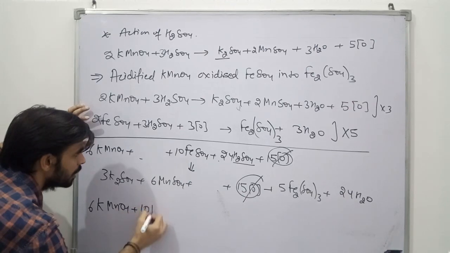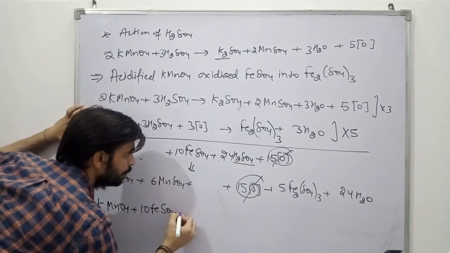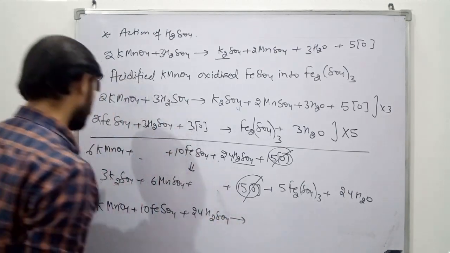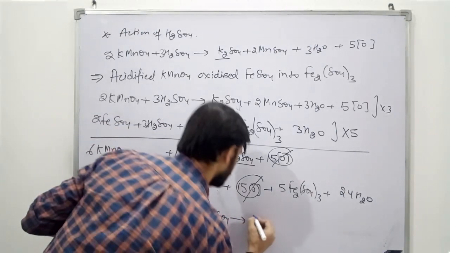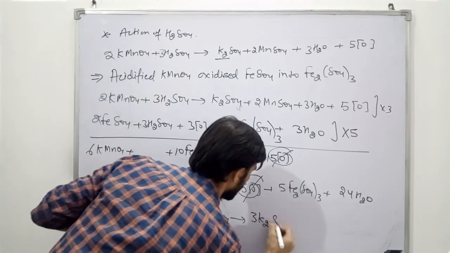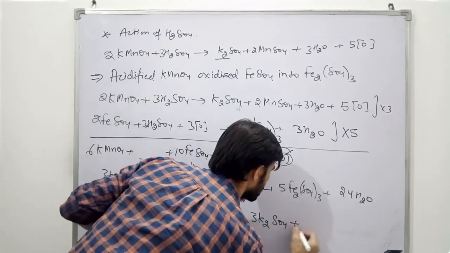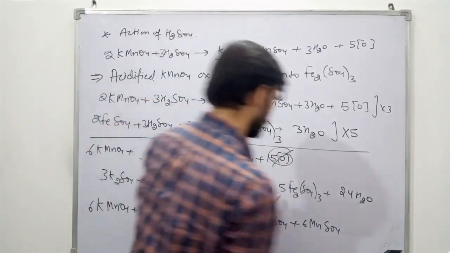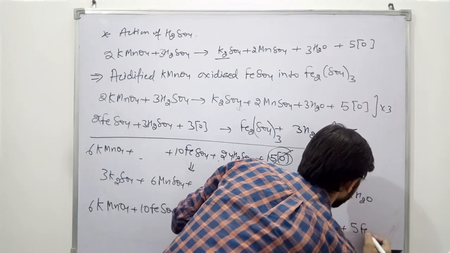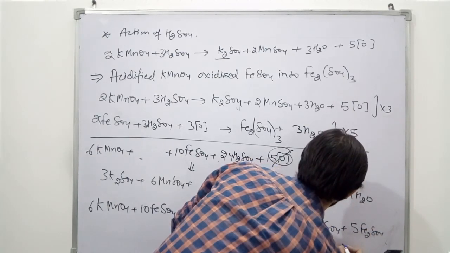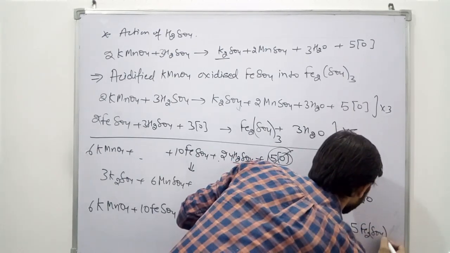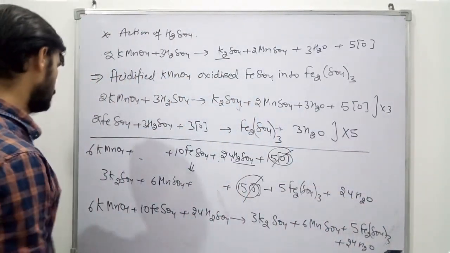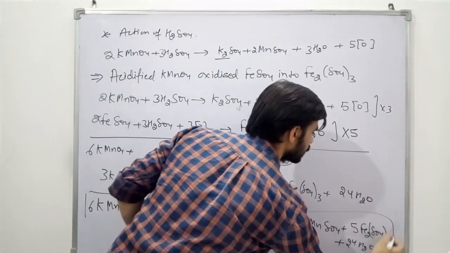6KMnO4 plus 10 times FeSO4 plus 24 times H2SO4 gives 3 times K2SO4 plus 6 times MnSO4 plus 5 times Fe2(SO4) whole thrice and 24 times H2O.